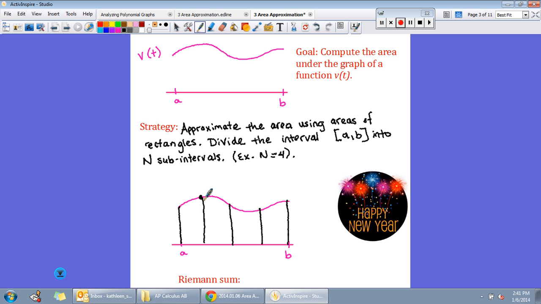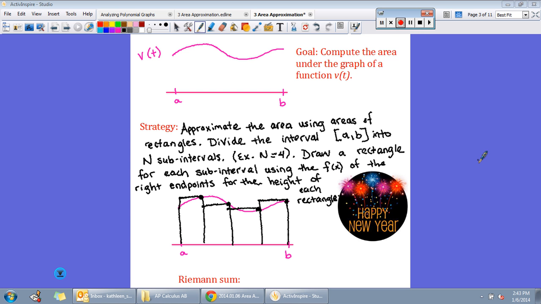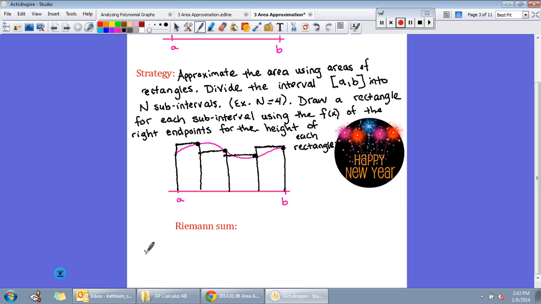Then I'm going to draw 4 rectangles using the height to be the height of the right endpoints for each of the subintervals. However many subintervals you have, that's how many rectangles you should have. Then we can denote the areas of all 4 rectangles using R sub n, R meaning right endpoint and n meaning the number of subintervals, and we are going to have the width times the height.